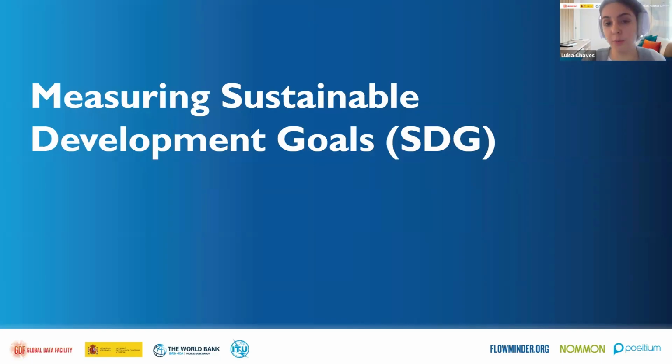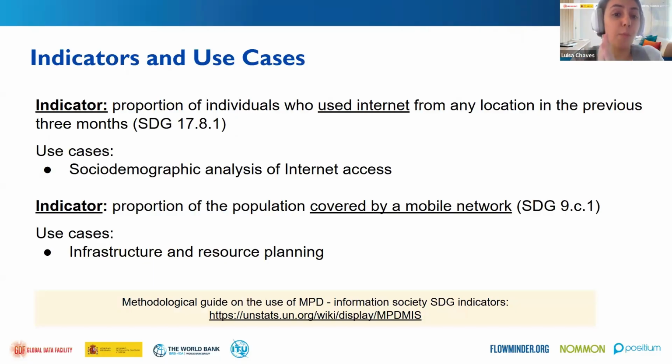Let's begin with the first group, measuring sustainable development goals. Mobile phone data can play a powerful role in helping us monitor progress toward global development targets. One area where this is particularly relevant is the information society. The internet has become an increasingly important tool for accessing public information.